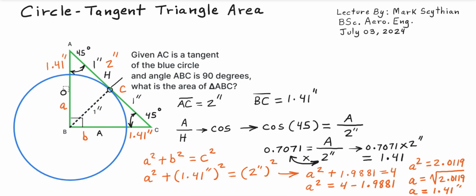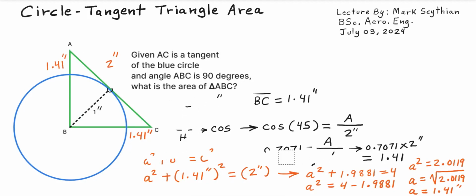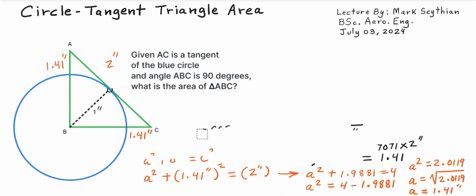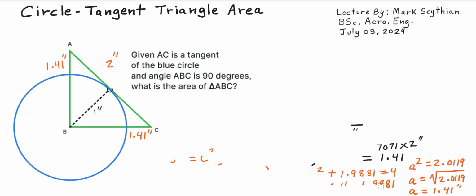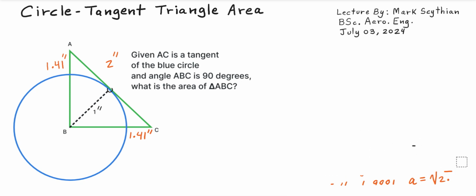So now if we just get rid of all this and keep the side values, we can then just use the application of base times height divided by 2, or the area of a triangle.